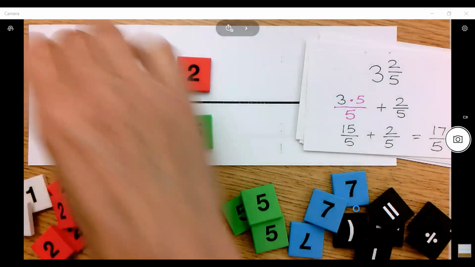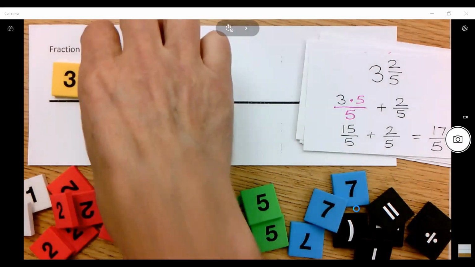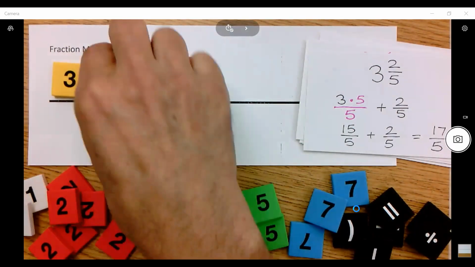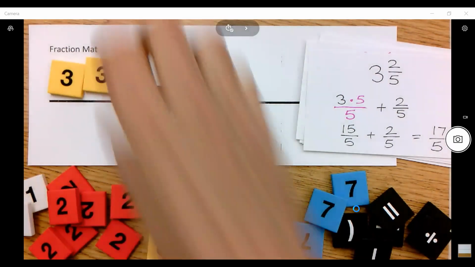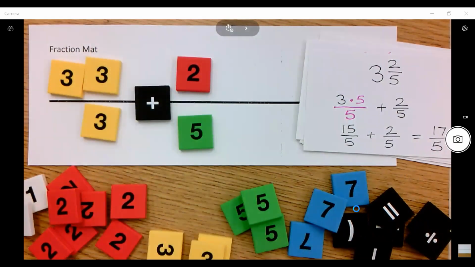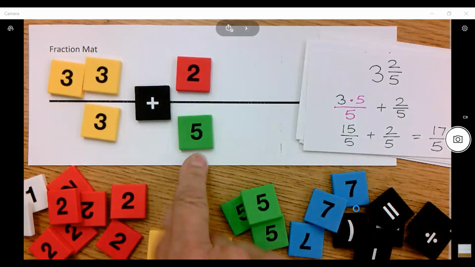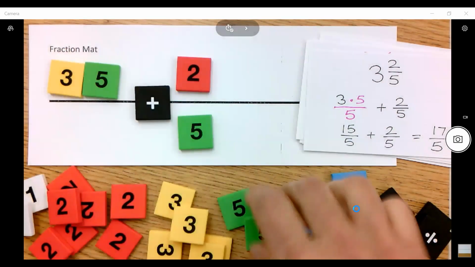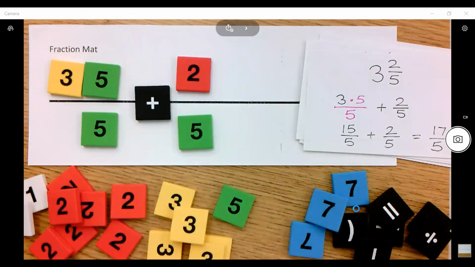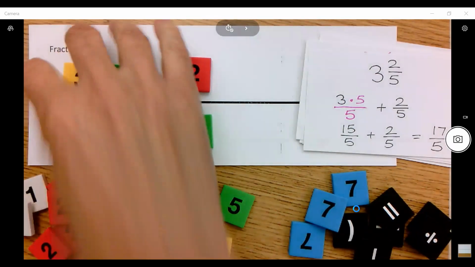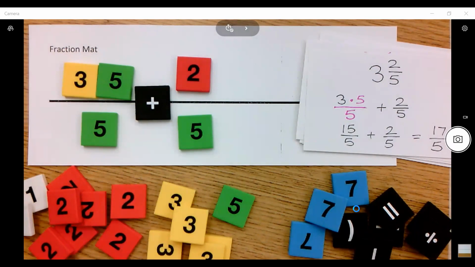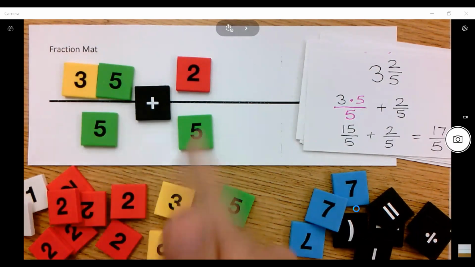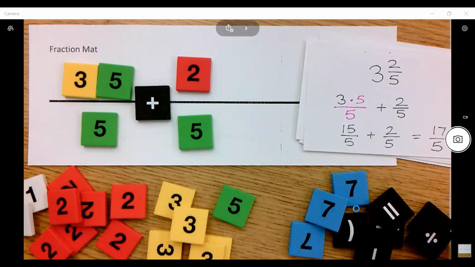I could multiply my 3 by 2/2 and get halves. I could multiply my 3 by 3/3 to get ninths. Well, I'm looking to get fifths. So I take my 3 and multiply by 5/5 and convert the whole number part into 3 times 5, 15. So 15/5 plus 2 more fifths, and I'll end up with 17/5.